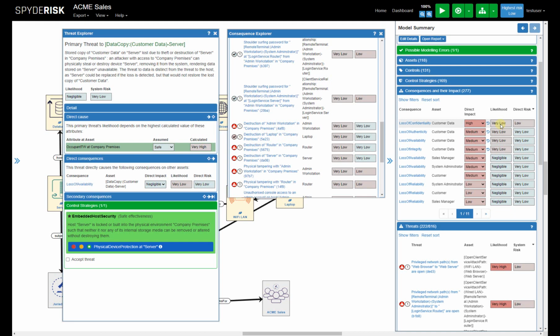So while we could go on showing you how we can explore through all of these very low likelihood, low risk events, we've probably reached a point in this particular system, which is a fairly simplistic one, where any more and we might be not getting enough return on our effort.